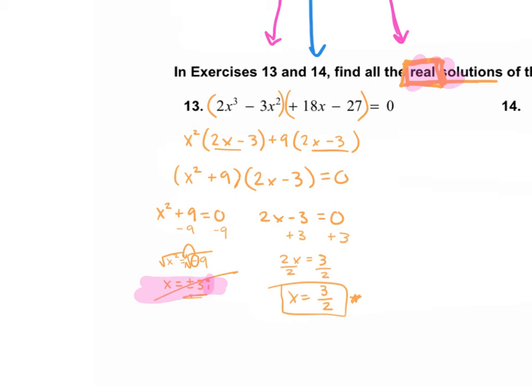If it asks us for all solutions, we would list all three of them. So for it to be a real solution, it can't have an i in it. Yeah, that's what I was asking, like if it was a plus or minus situation with no i, would it be a real solution? Right, if it was just plus or minus 3, that would be a real solution. Oh, because it's the i that makes it imaginary.